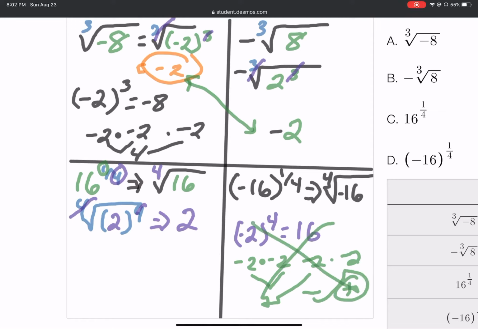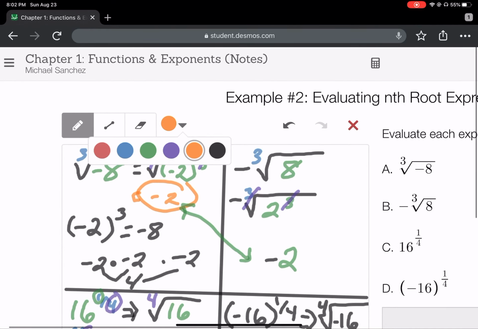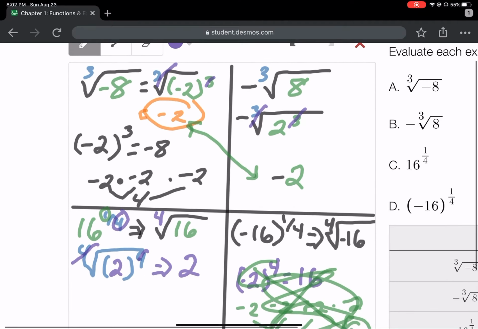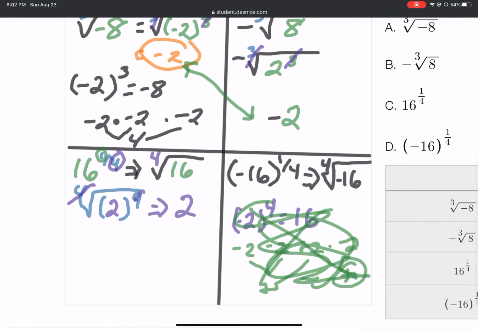Okay, so it is not possible to get a negative 16 from a 4th power. So this is what we call undefined. Okay, so this problem here is undefined. I can't do it.